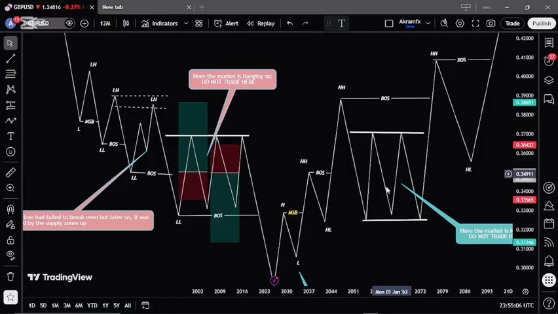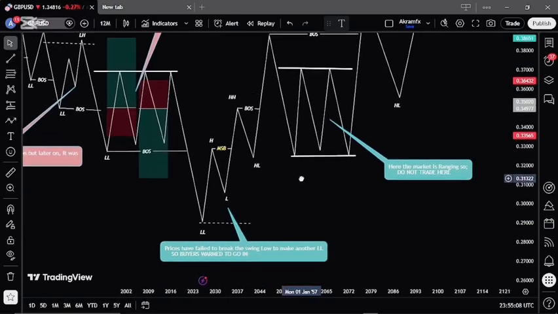Now, prices came down here and failed to break. So what should we do? If it fails to break, you do not enter immediately. We wait to see a perfect market structure break. So here we had to wait, and it did.